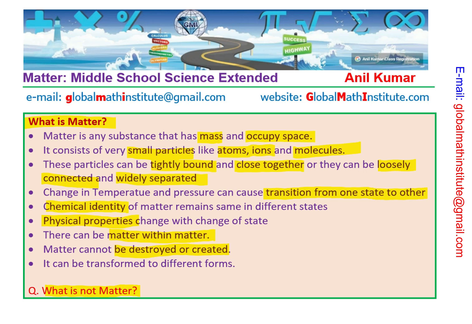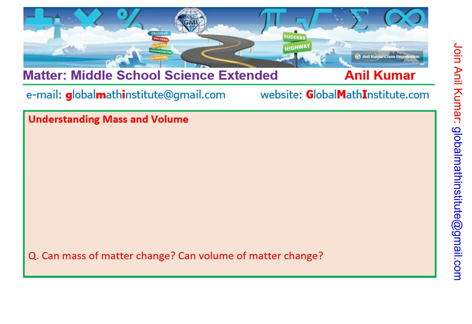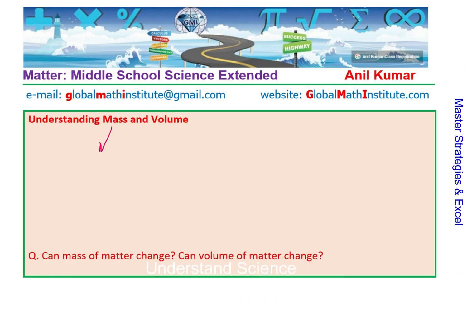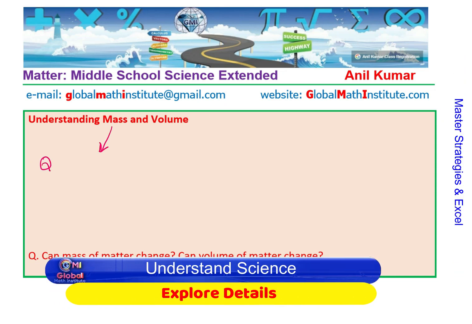However, it is just the beginning of our series on science. Let us explore and understand these terms which are highlighted for you. So let's begin with mass and occupy space, which is volume. When we talk about mass and volume, what are we trying to say?